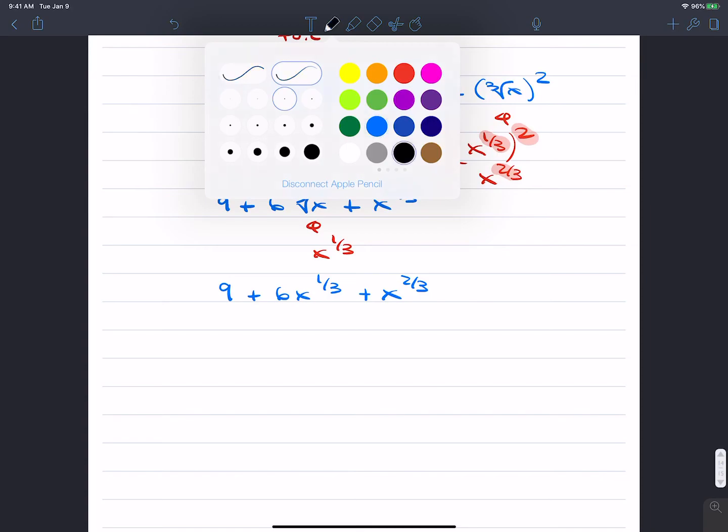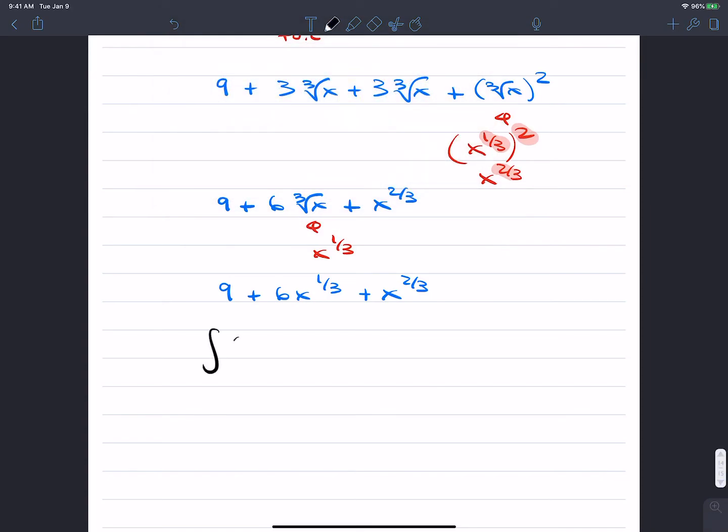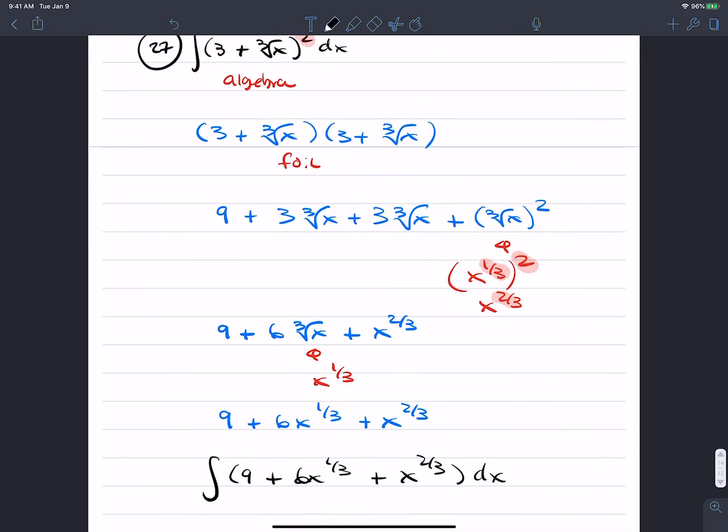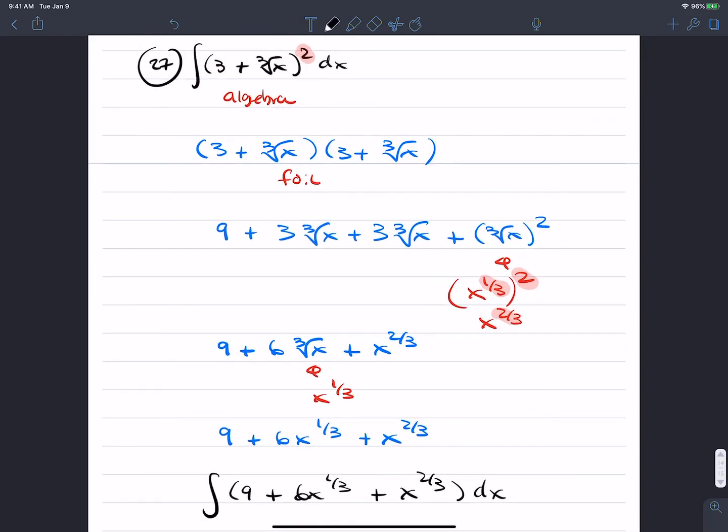So this is what we do here. This is how we use FOIL. So we had to do this algebra here before we can actually get a function to integrate, and it has rational exponents here.